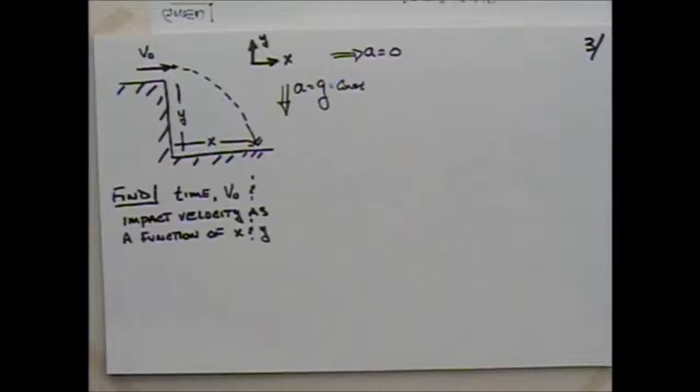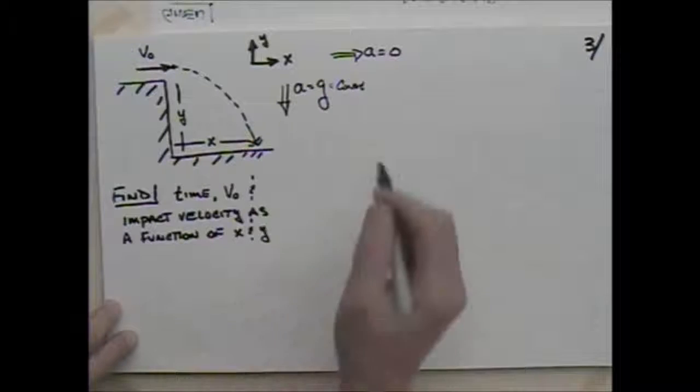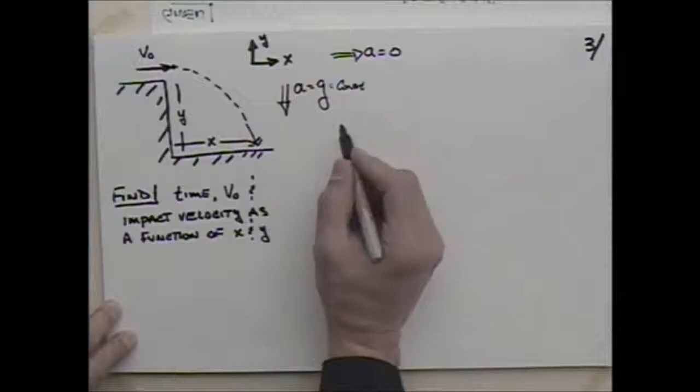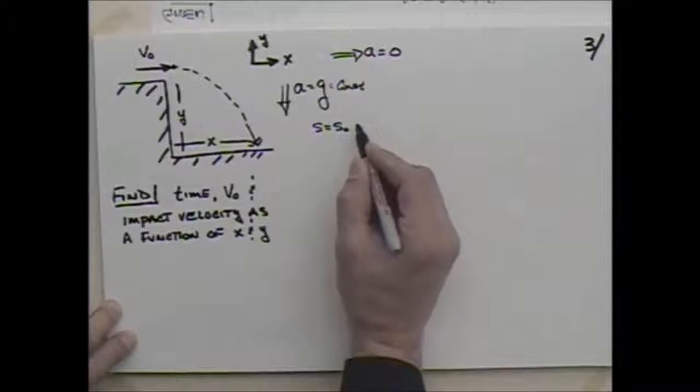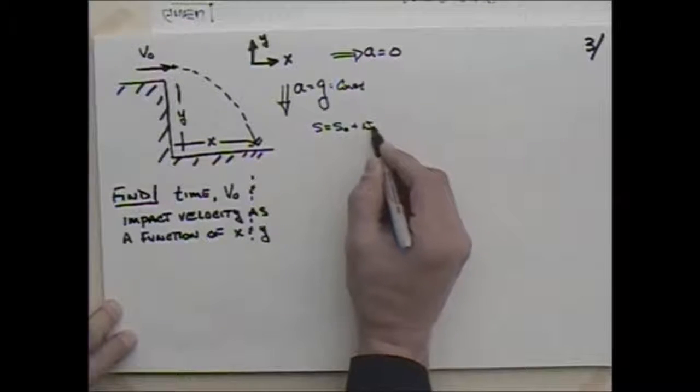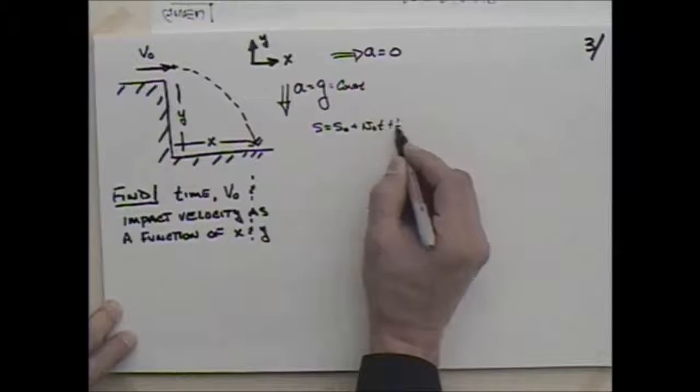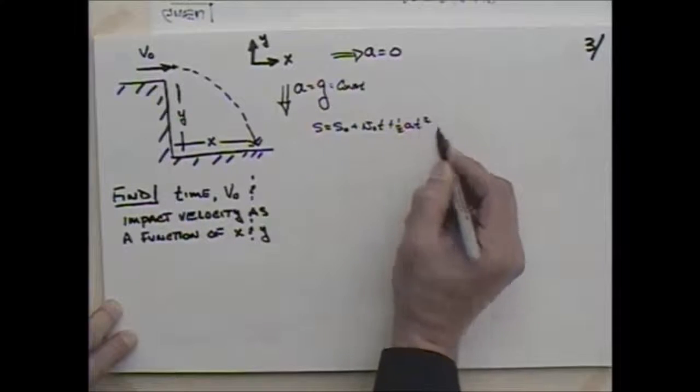So let's see if we can get started with this. I'm going to start out with the equation that S, the position, is equal to the original position, S naught, plus V naught T, plus 1/2 A T squared.